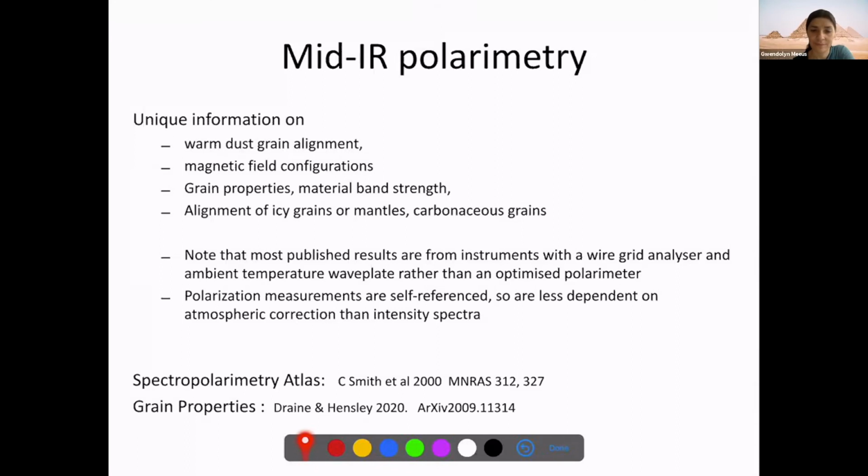And finally, if you want to know more about this, the Spectral Polarimetry Atlas published by Craig Smith gives us the state of the art 20 years ago, which is more or less still the state of the art now. And there's a recent paper by Draine and Hensley, which talks about what mid-infrared polarimetry can tell us about dust grains. And so I've done.